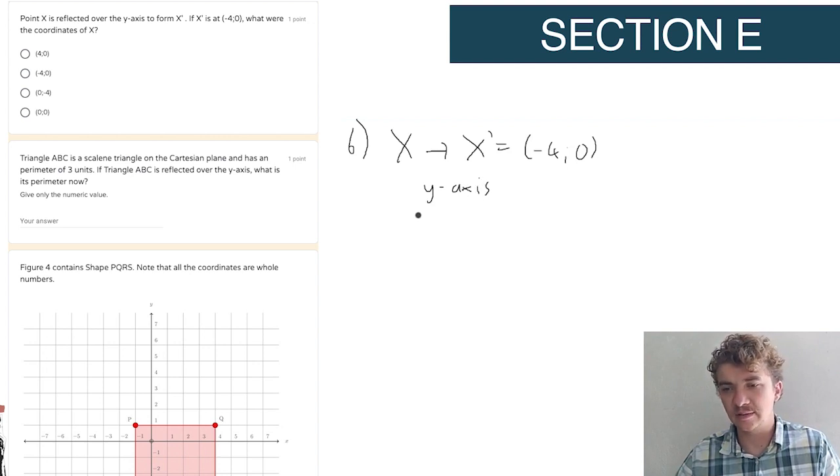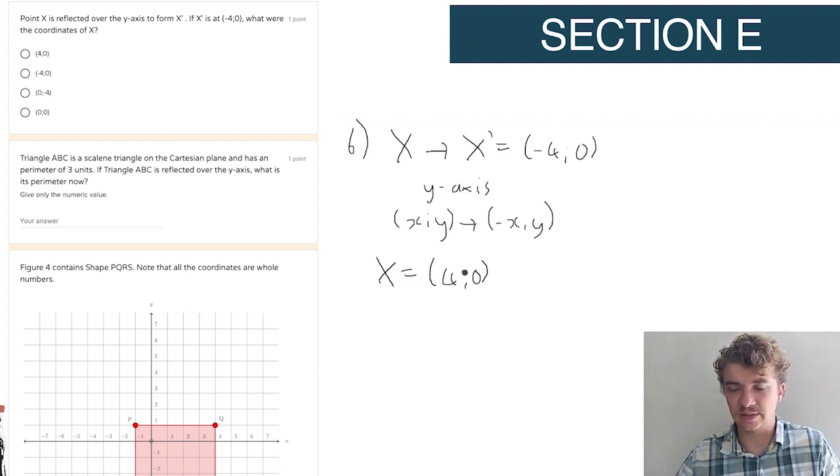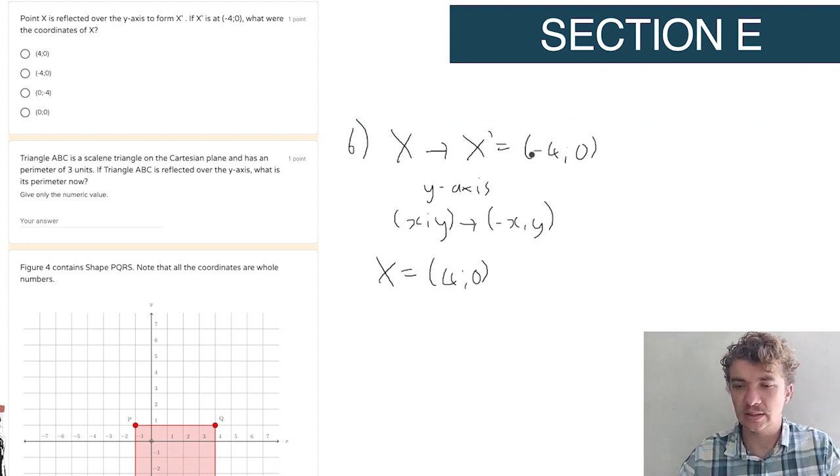So reflection over the y-axis means that (x, y) turns into (minus x, y). You can do this geometrically as well, I'm doing it algebraically. So X accent, minus 4, 0, is equal to (minus x, y). So the original X is just at 4, 0, because if you reflect 4, 0 over the y-axis, you'll get minus 4, 0. So the answer is 4, 0.